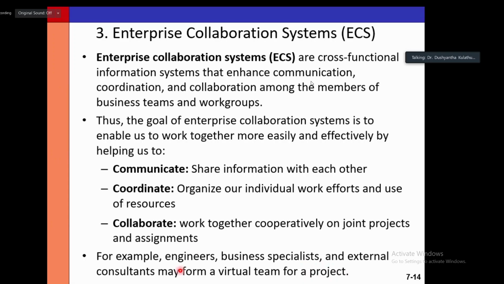Again, if some new product is developed, people like engineers, some business specialists, and some external consultants may be involved in the project of developing a new product. So in such an instance, we are in a position to use these enterprise collaboration systems to support the work done by this particular team.